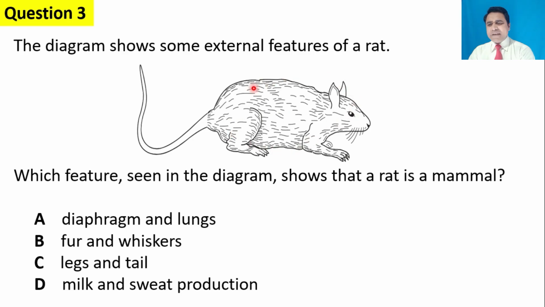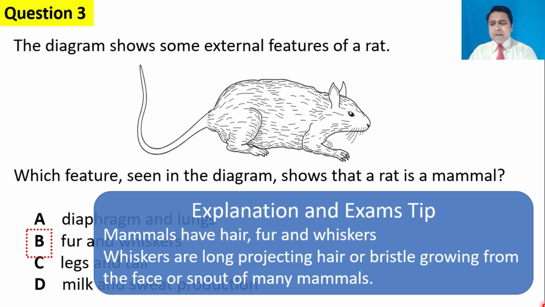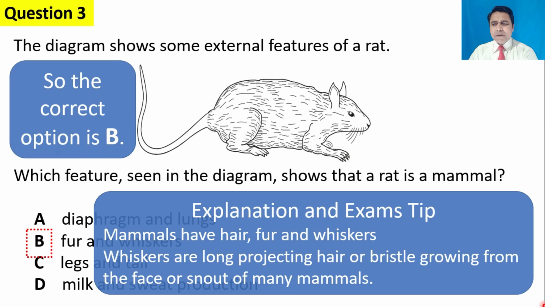This is the fur of the rat, and these are whiskers. These are long hairs. Option B is the answer. Mammals have hair, fur, and whiskers. Whiskers are long projecting hair or bristle growing from the face or snout of many mammals. So the correct option is B.